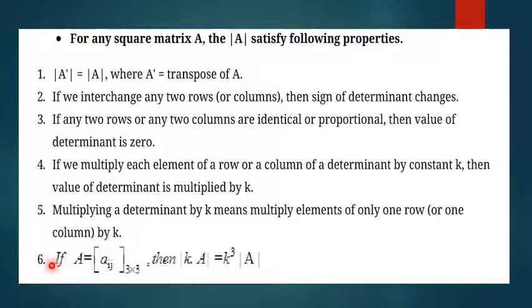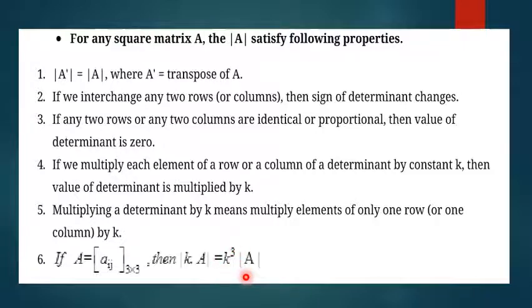k. For example, multiplying a determinant by k means multiplying the elements of any one row. If you say k determinant A, that k is applicable to any one row or any one column. And if A is equal to Aij, a 3 by 3 matrix, then determinant kA is k cubed mod of A, with k outside the determinant sign.